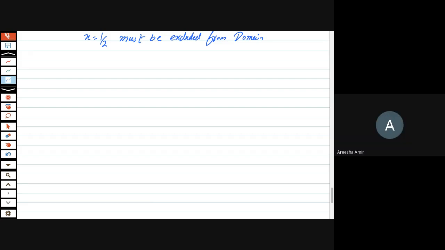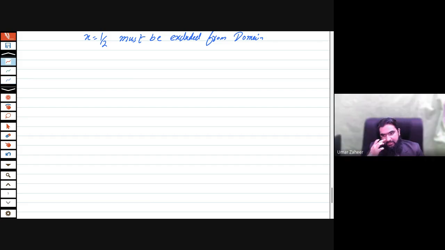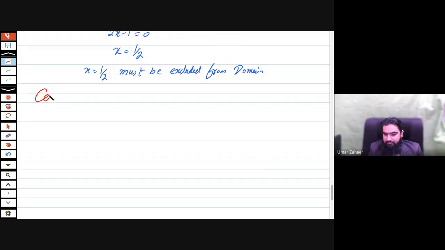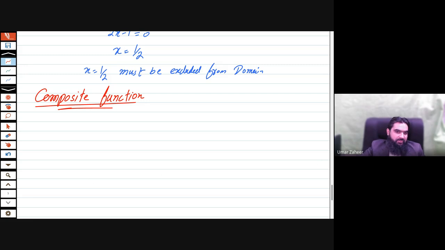Okay. Yes. So now we are going to move on to the composition of functions, or composite functions. Composite means you are going to combine two functions. You have one function f of x, you have another function g of x.